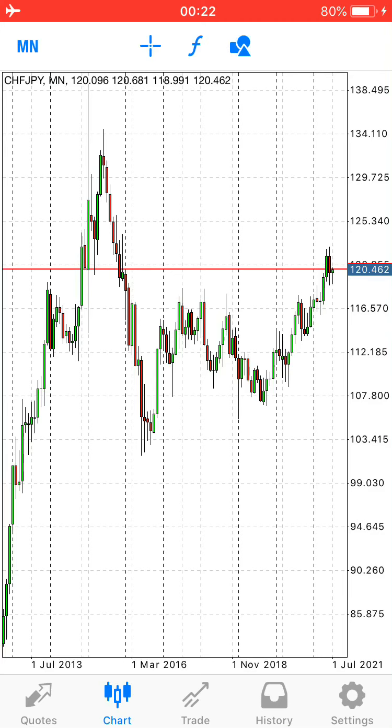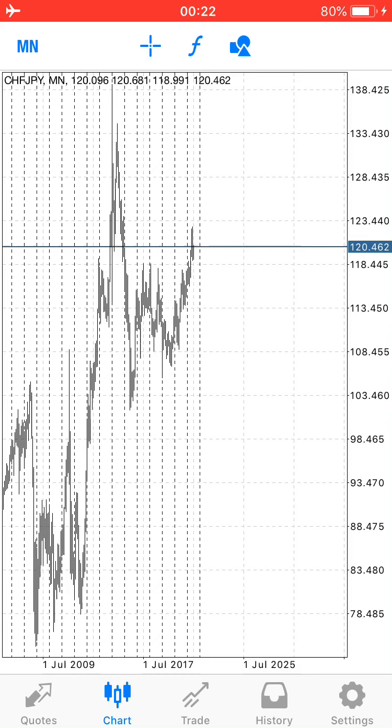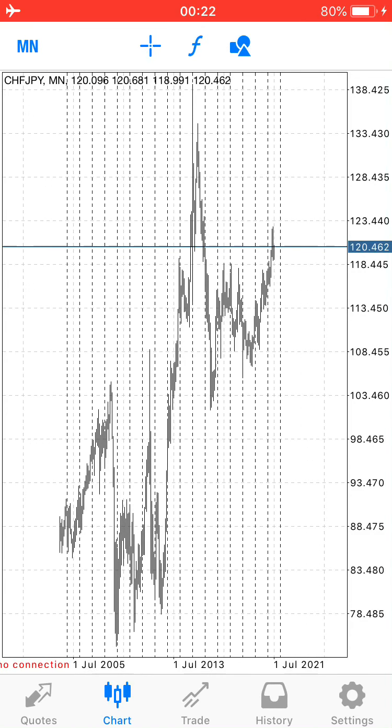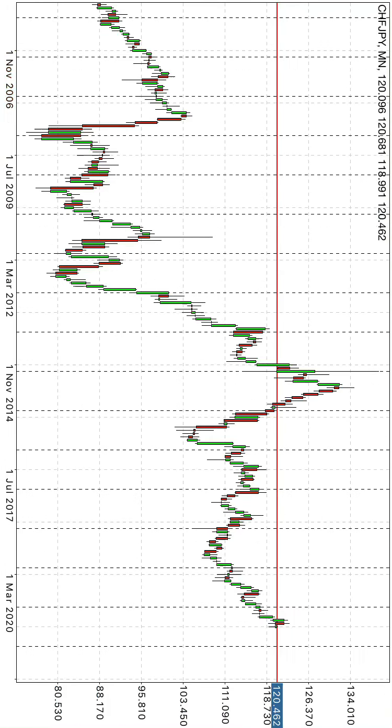So if you can check here, the first thing that you do, you identify the current trend. What's the current trend? On a monthly time frame, CHFJPY is on an uptrend, right?